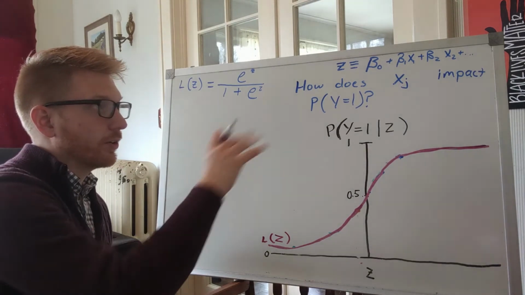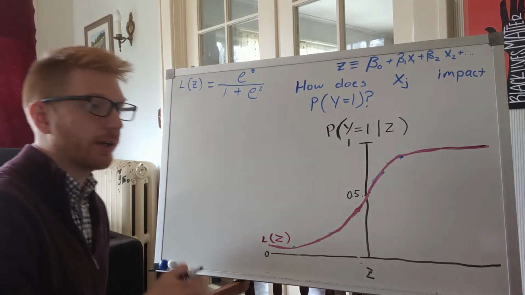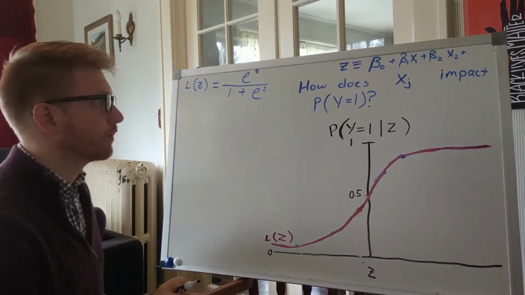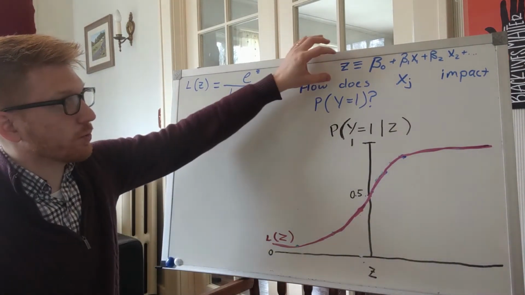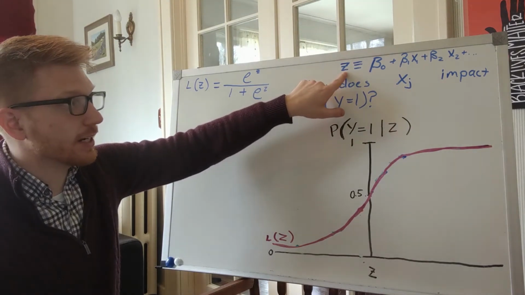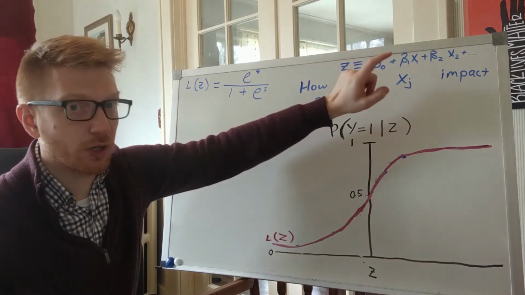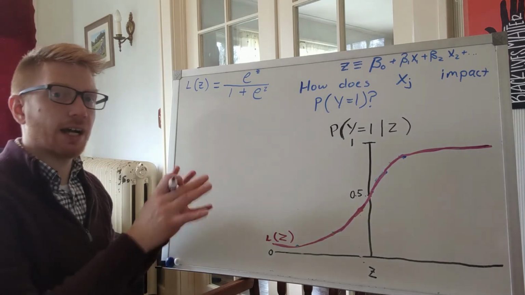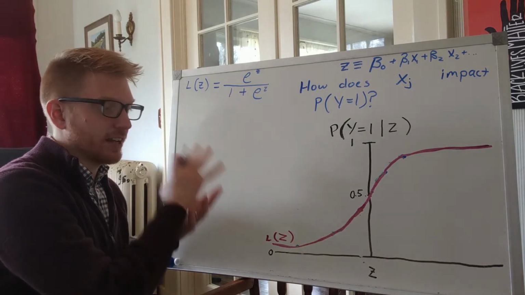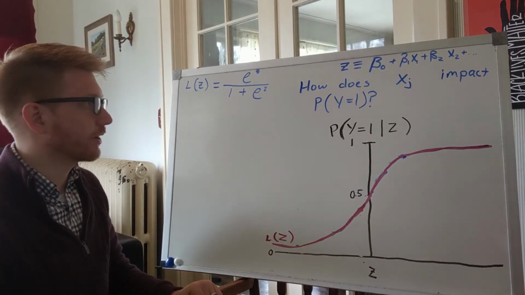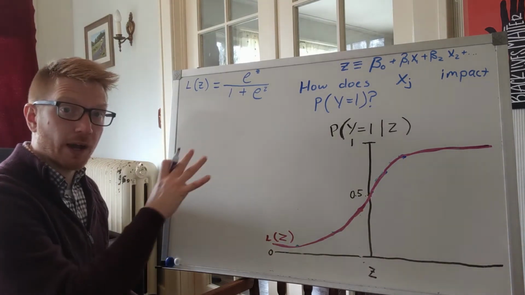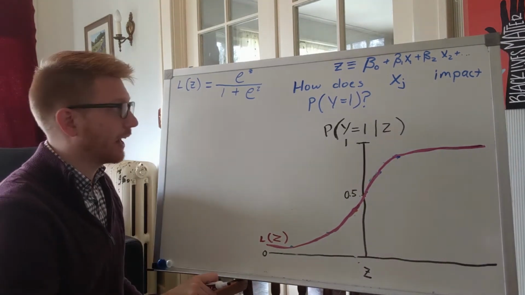So what we're going to do is look at x1 as a binary variable. What makes sense to do is we can look at z for when x is 0 and when x is 1. Again, we could do this as an average marginal effect or a marginal effect at the average. So right now I'll outline how to do it at the average.